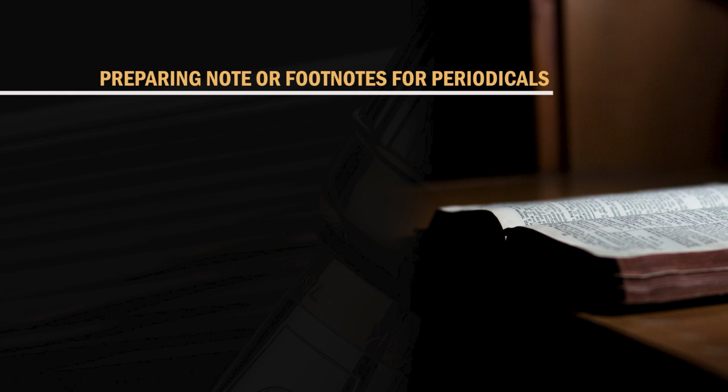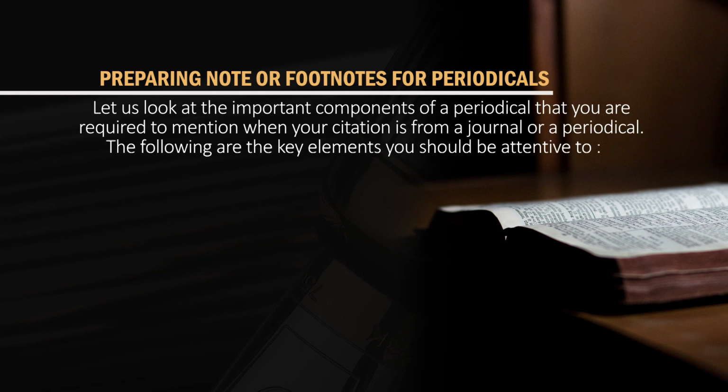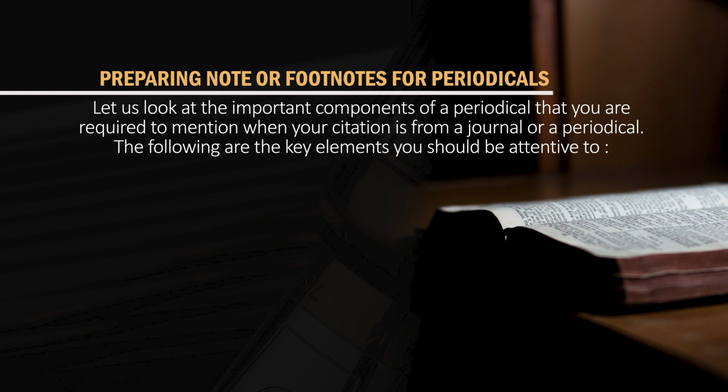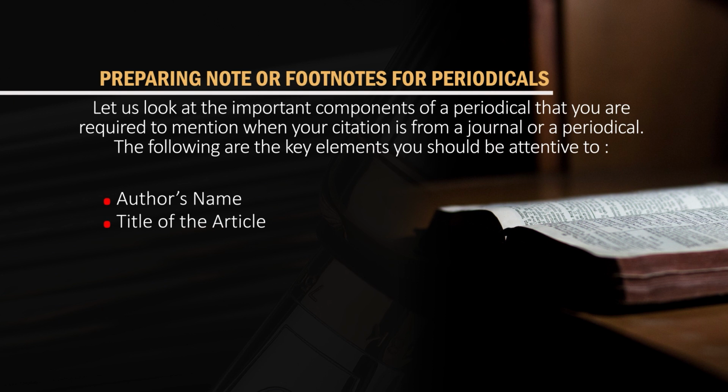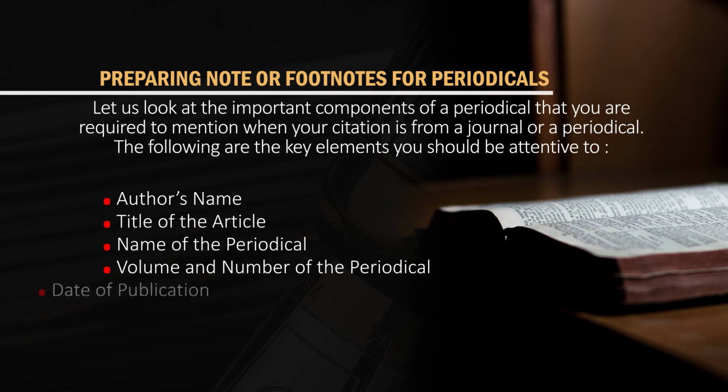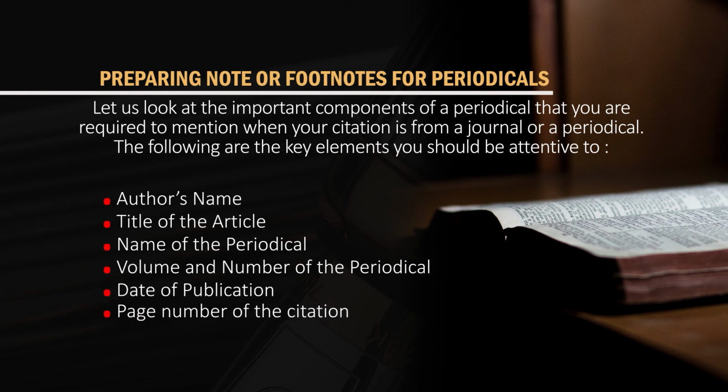When you are citing a periodical, the key elements you should be attentive to are author's name, title of the article, name of the periodical, volume and number of the periodical, date of publication, page number of the citation, in strictly that order.